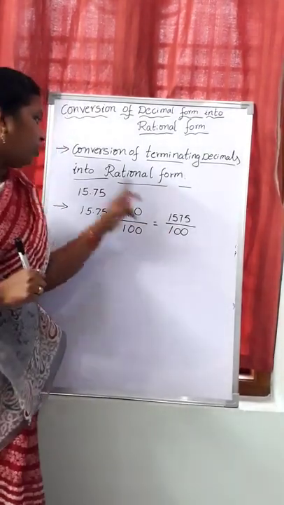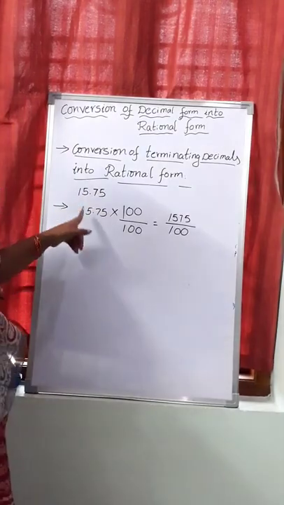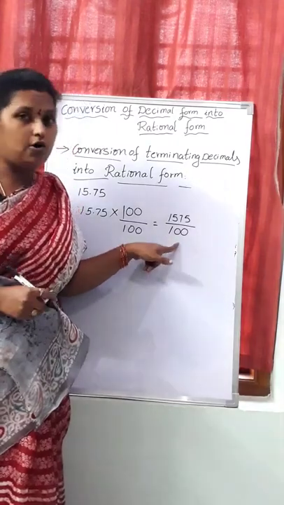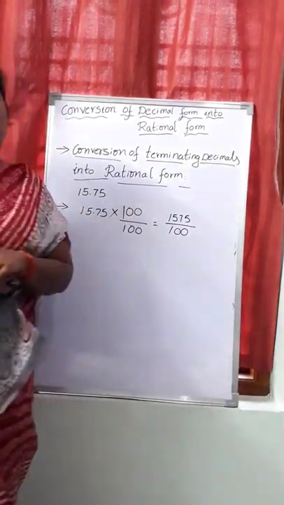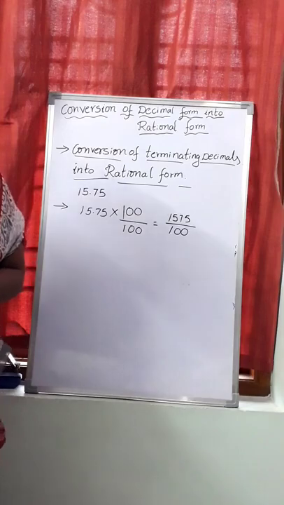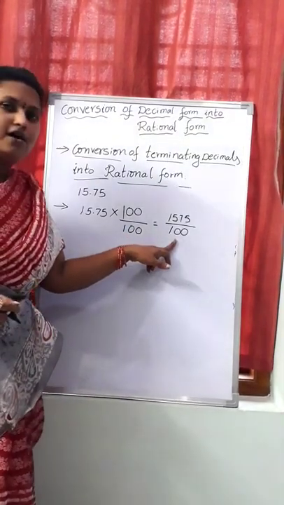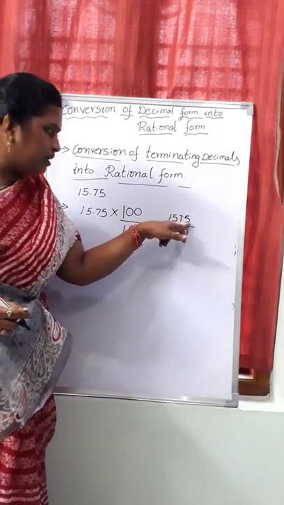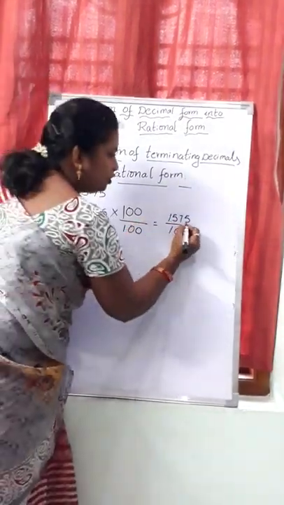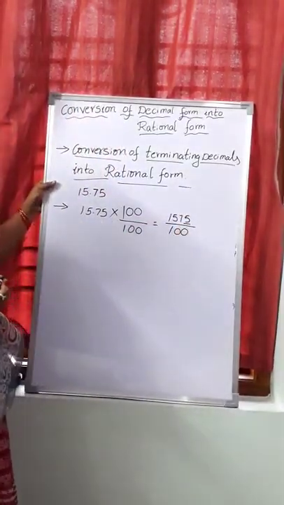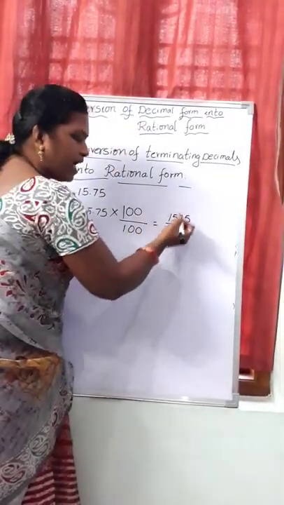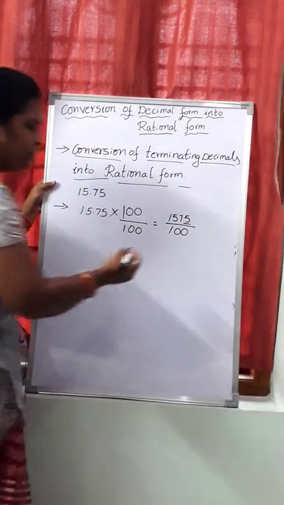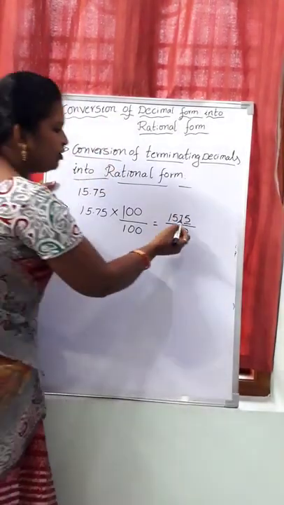Already in the previous class we learned that for a terminating decimal, the denominator has only 2 and 5 as prime factors. Is it correct or not? So for 100, 5 is a factor. Also, in the numerator the units place is 5. So we can cancel with 5 in both the numerator and the denominator.